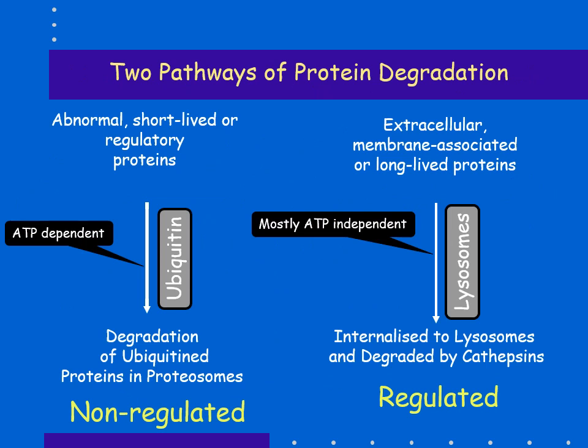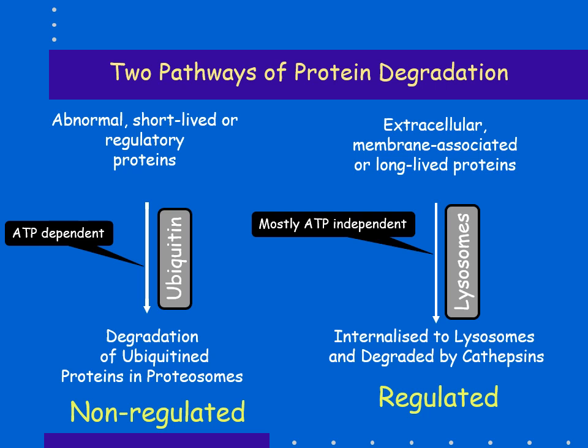So we can contrast these 2 pathways. As I said, the ubiquitin pathway is targeted towards abnormal, short-lived or regulatory proteins, and this involves the ubiquitinylation of these proteins, which are then degraded in the proteasomes, and it costs ATP, so it's an ATP-dependent process. Now generally, this pathway is non-regulated, so it's got this underlying relatively constant rate.